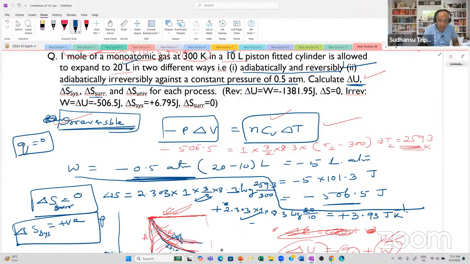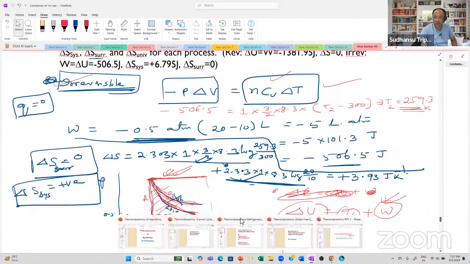So much so that whatever excess was there in this term will not be there. It will be exactly the same, and they will cancel. We are talking of expansion here. This 259.3, you will find the final temperature will be lower than that as gamma minus 1 will come. Let us try to find out.